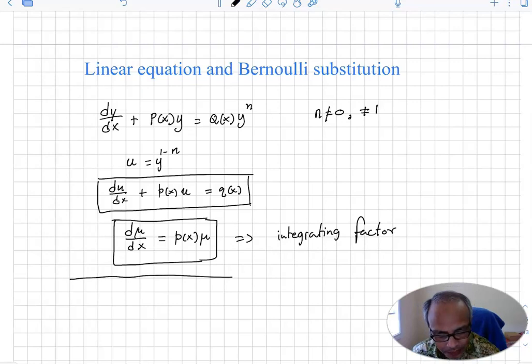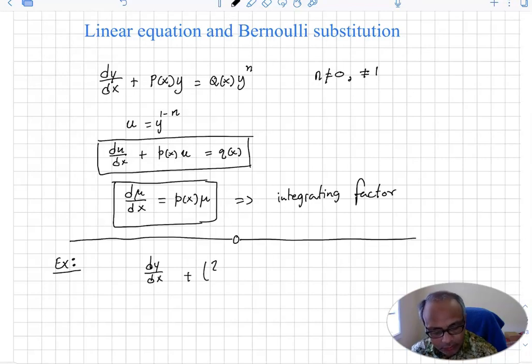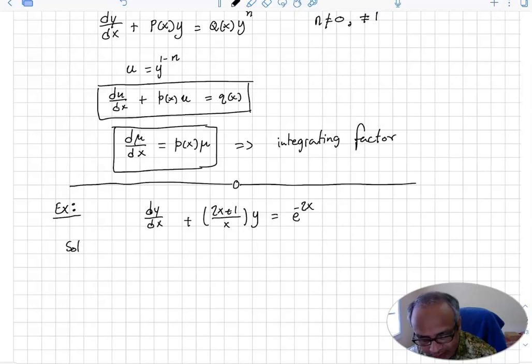Good. So I'm going to illustrate this method starting with a linear equation. The first thing you identify is what kind of equation this is.